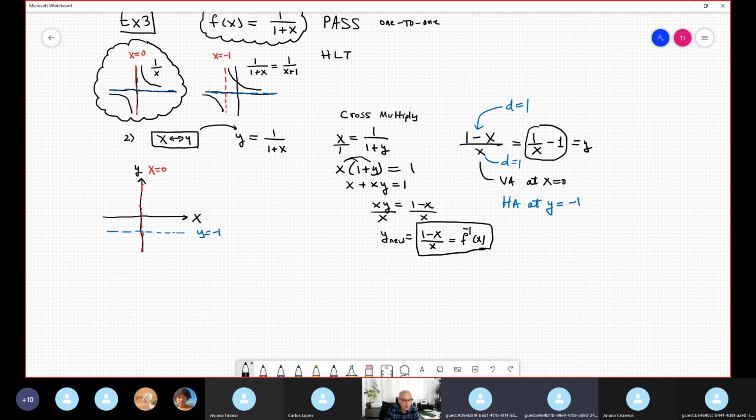Does the curve look like that? Don't forget that we have here a vertical asymptote.